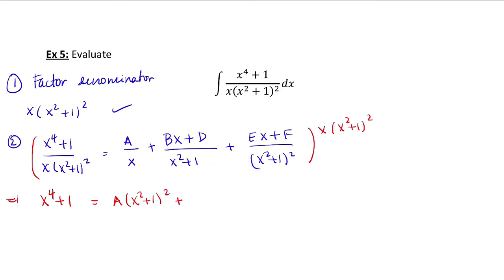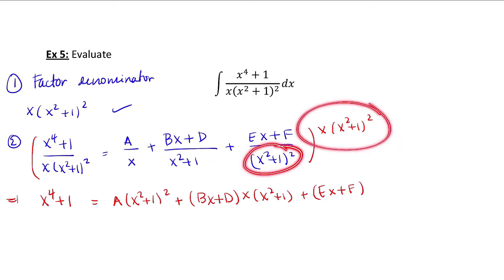Plus, if I multiply this by this, I cancel one of the x squared plus 1, so I'm left with (Bx plus D) times x times (x squared plus 1). And then finally, if I multiply (Ex plus F) over (x squared plus 1) squared by this, I cancel my (x squared plus 1) squared and I get x back, okay?